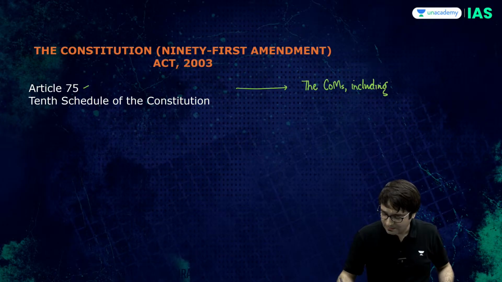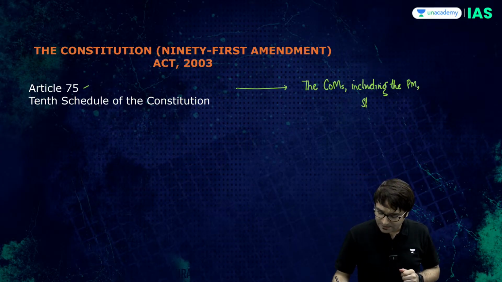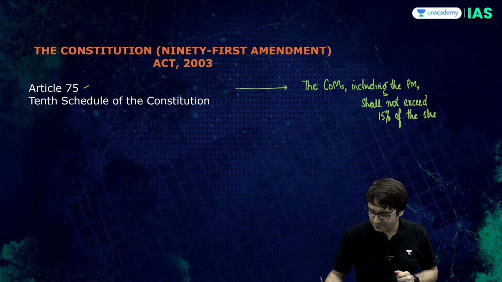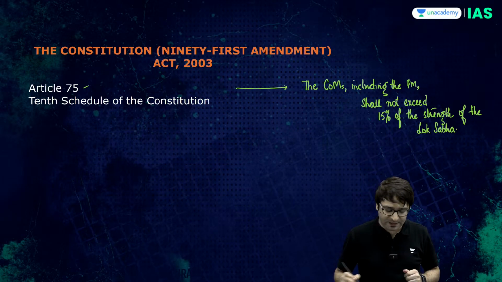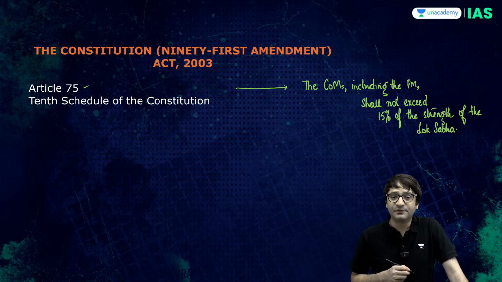The strength of the Council of Ministers, including the Prime Minister, shall not exceed 15% of the strength of the Lok Sabha. And this was done, when Mr. Vajpayee was the Prime Minister, by the 91st Constitutional Amendment Act 2003.